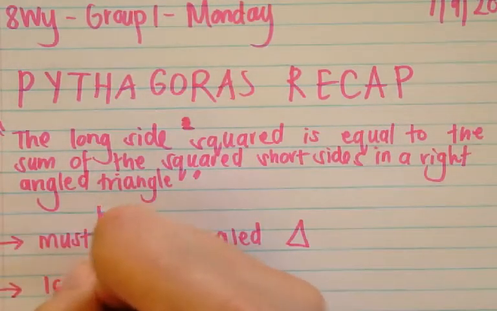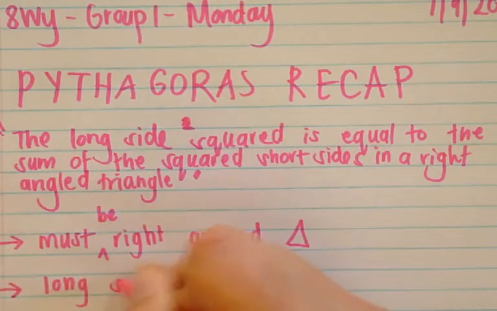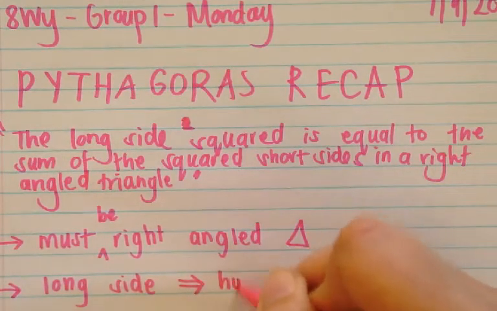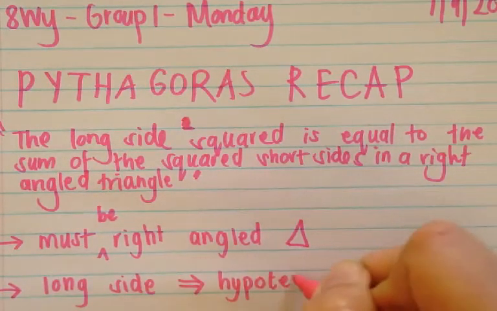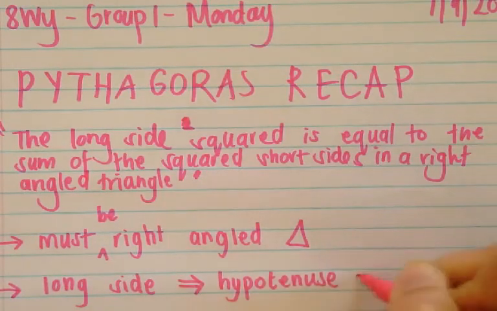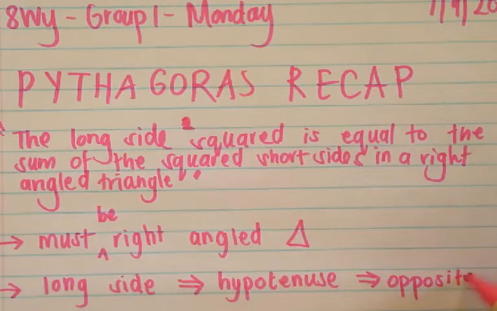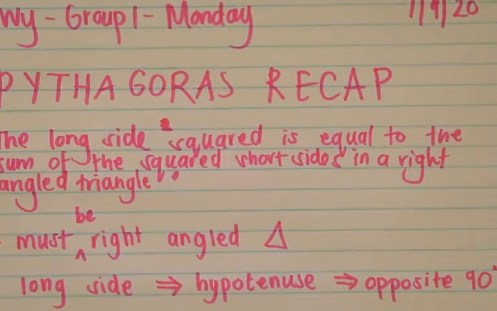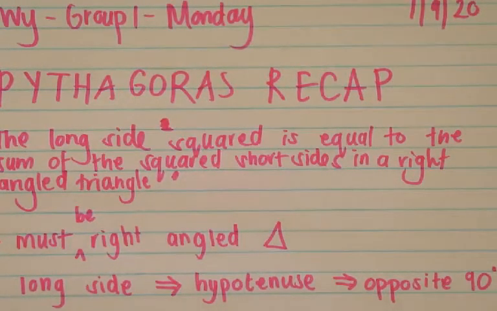My long side is called the hypotenuse, and it is always opposite the 90 degrees.